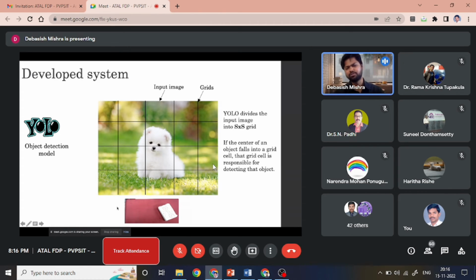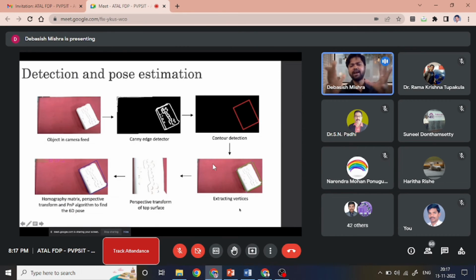Just to show a dog picture and how the grids are formed and how the information is collected, this is our real experimental case, where you can see that there is a cuboid object and the grids are formed on the area which is available under the camera, and accordingly from each grid the features are detected and the object is classified. So this is the entire thing happening in actual action.